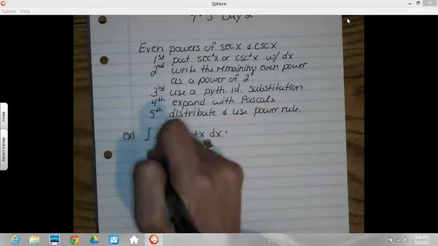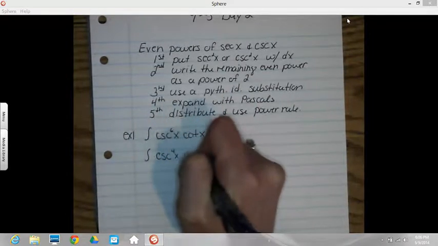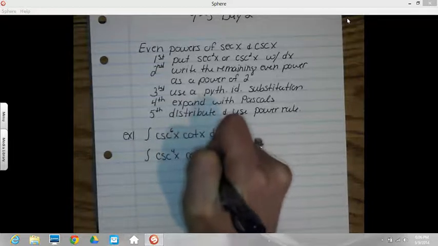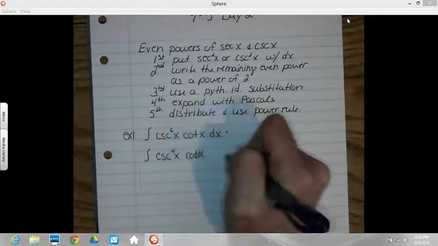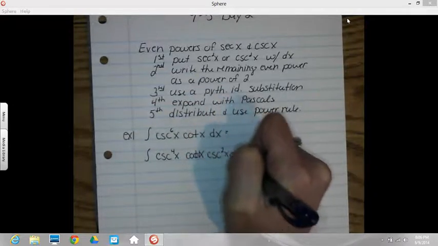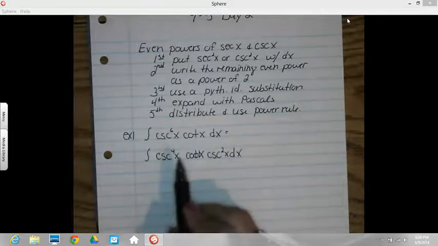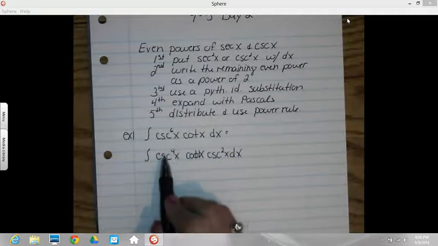So that will leave cosecant to the 4th times the cotangent x, and then the cosecant squared that I'm stealing. I know it's going to get thrown away, so I'm going to stick it there. Rewriting the remaining even power as a power of 2.